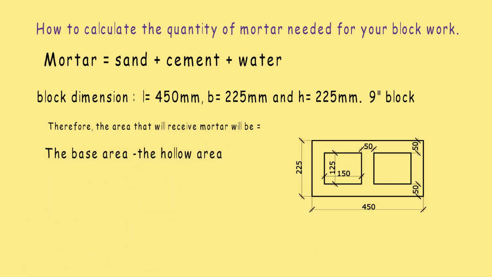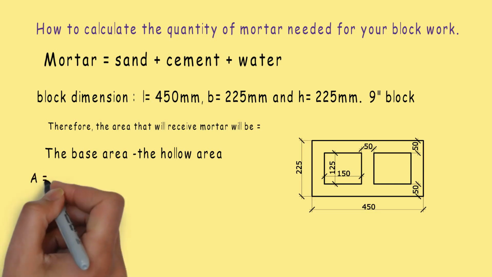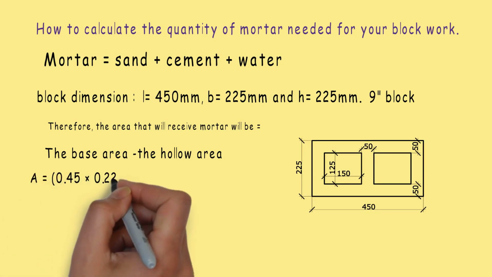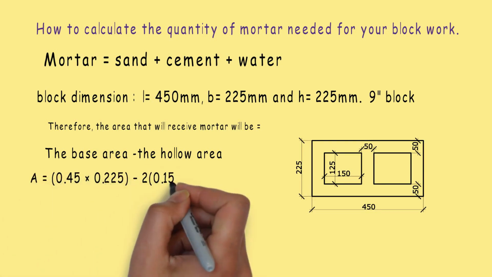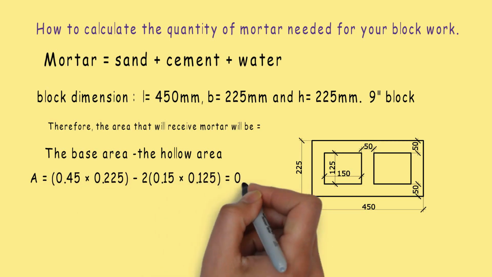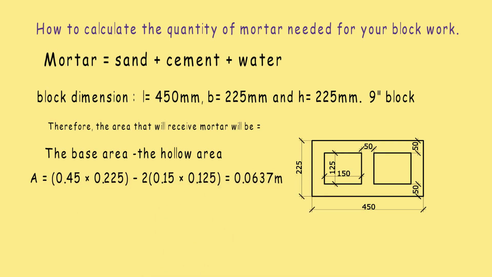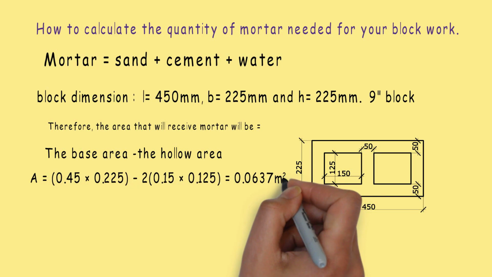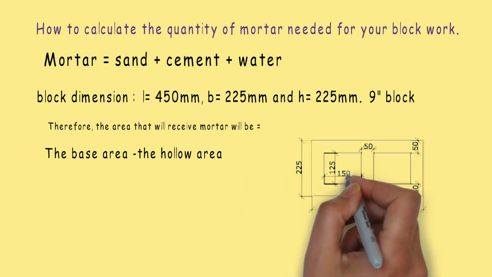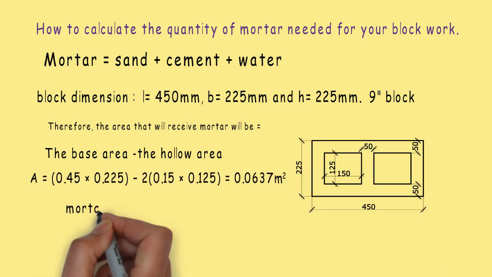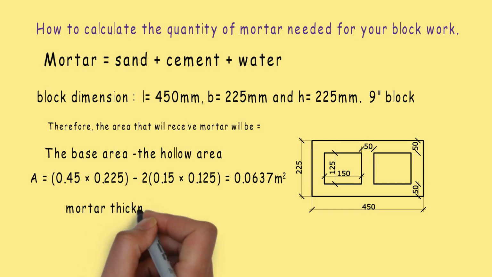And this will give us 0.45 multiplied by 0.225 minus 2 into bracket 0.15 multiplied by 0.125. This will give us 0.0637 meter square.